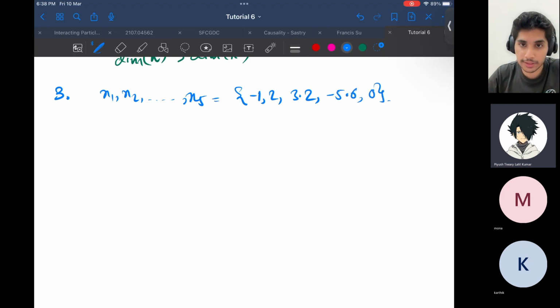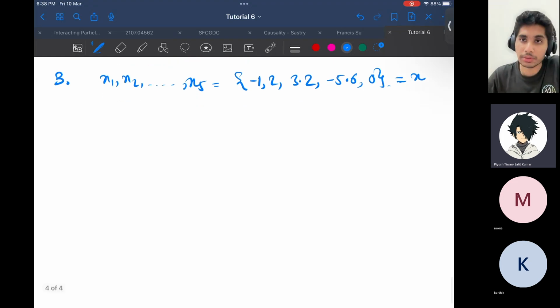So these are the five features that we have been given. This is my x, right? Then which of the following functions should be used in the output layer of the decoder? Let us look at the options, and that way I will explain why a particular option is not correct. The first option is logistic.